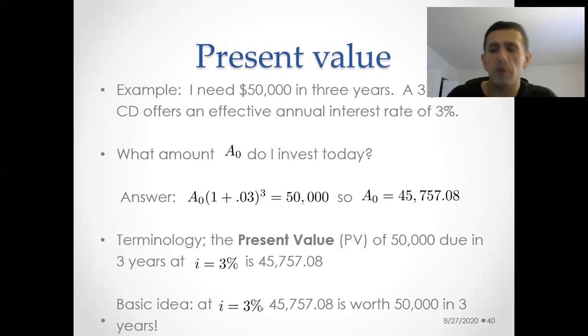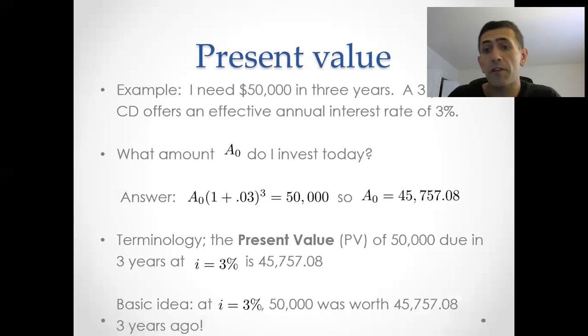I don't know exactly, but it's worth a lot more now than it was. Another way of thinking about this, and it's an equally correct way of thinking about this, is $50,000 was worth $45,757.08 3 years ago. Okay, that's another way of thinking about it.